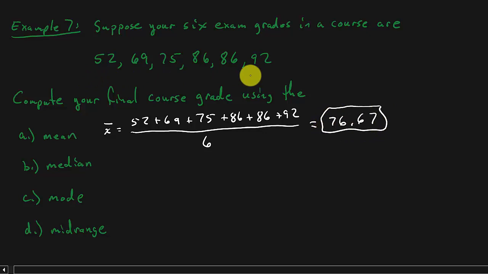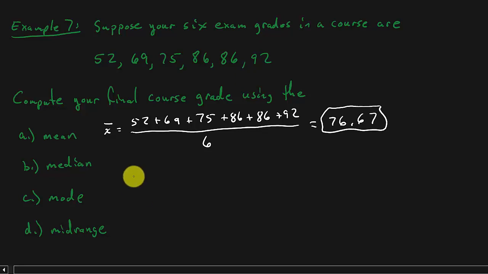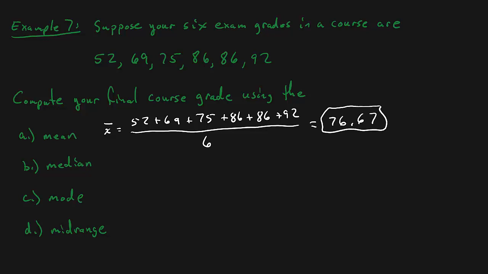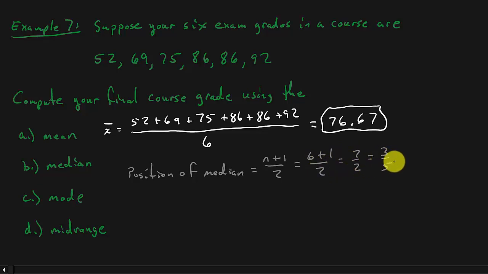All right. Now, the median. So I know we don't need to, but let's go ahead and find the position of the middle term. So position of median is equal to n plus 1 over 2, which is 6 plus 1 over 2, which is 7 over 2, which equals 3.5.